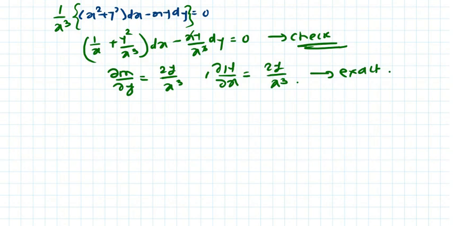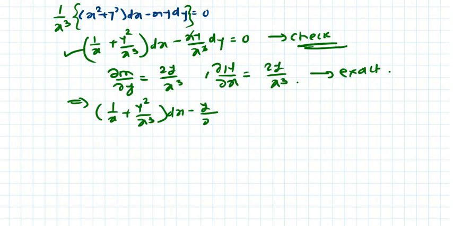Once it is exact, we will write it again. Our exact differential equation is (1 by x plus y square by x cube) dx minus y upon x square dy equal to 0. Now we will write a note here.